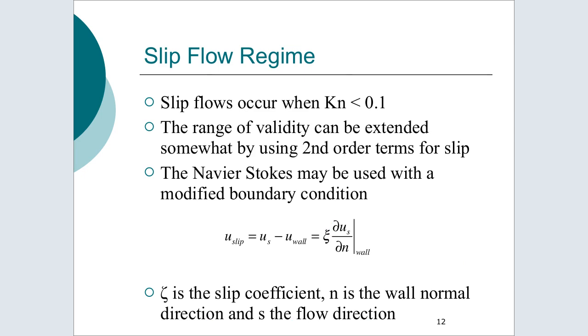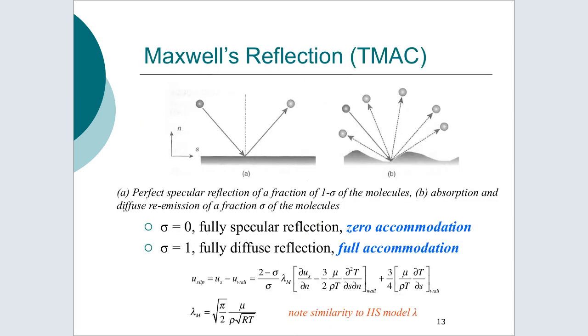The gradient is meters per second divided by length, so the slip length is a length scale that makes this meters per second again, cancelling the gradient portion. Very often we want to measure a slip coefficient or slip length and use that to define the condition we have at the wall.